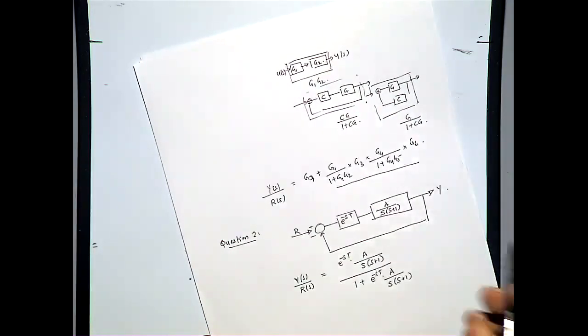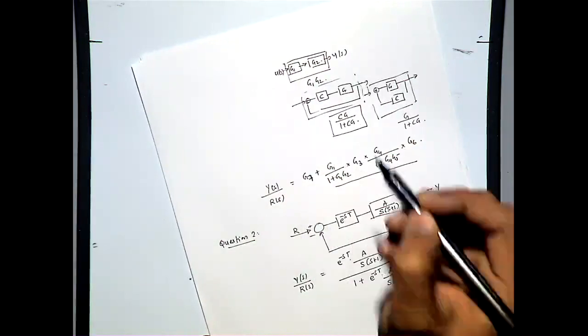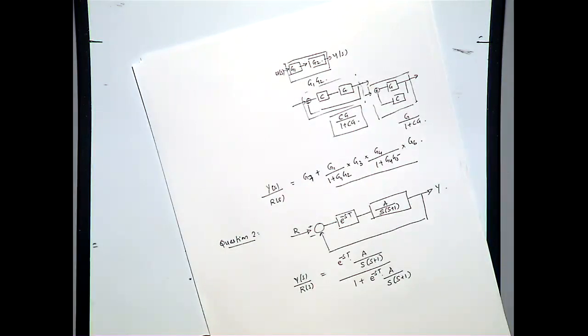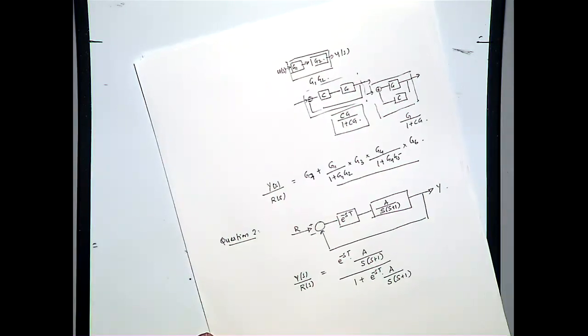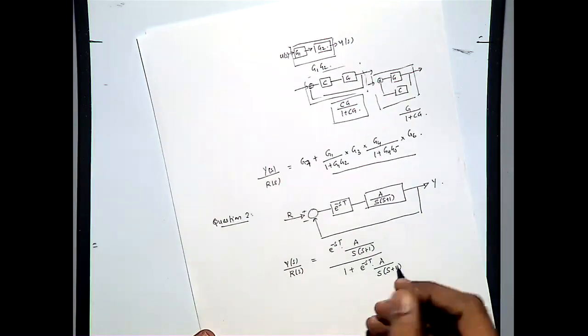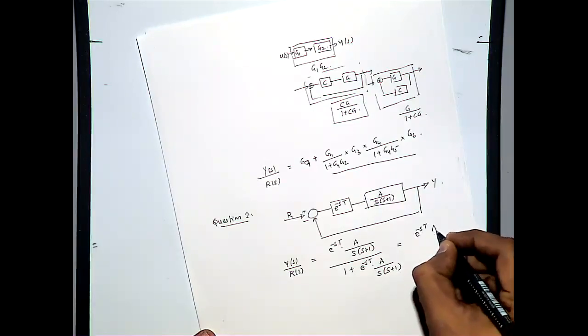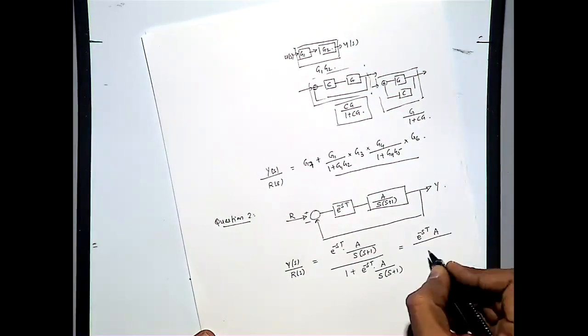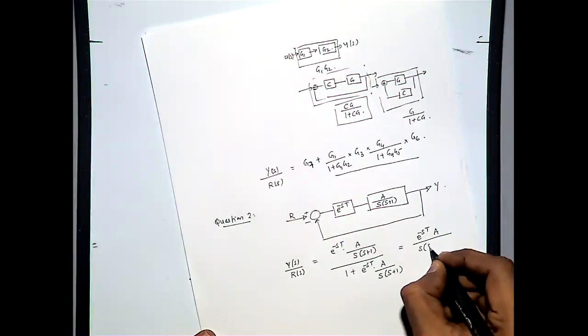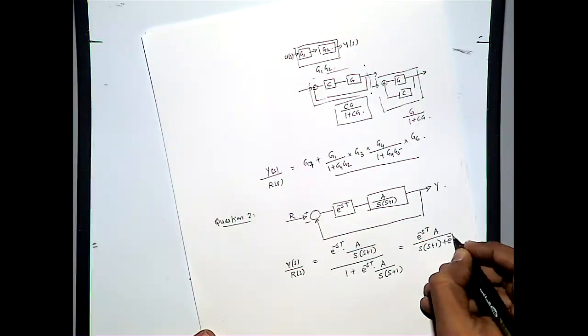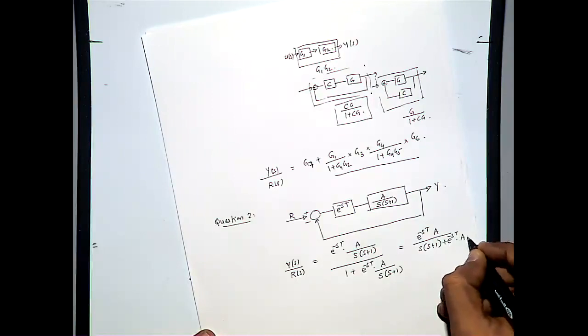This comes from the same block diagram expression that we have already seen. Right? So when we simplify this one, what we will get is e raised to minus sT times A divided by s times (s plus 1) plus e raised to minus sT times A.